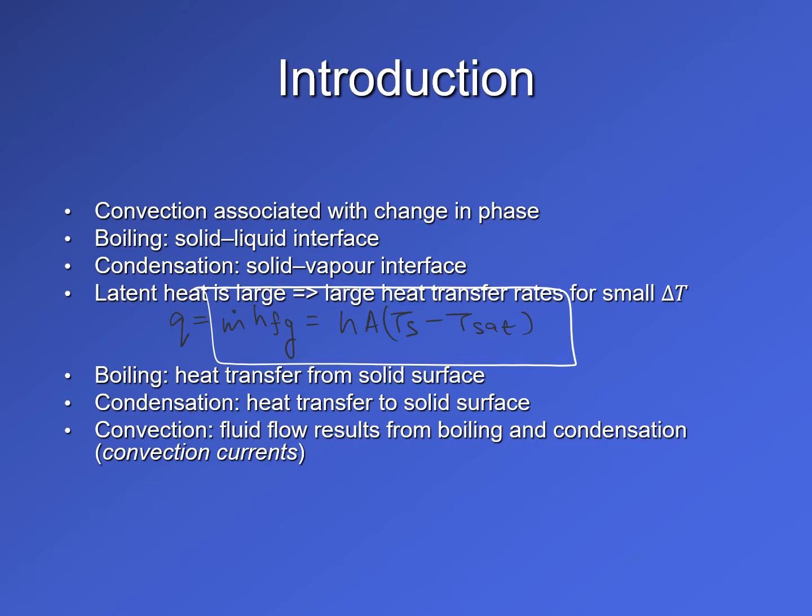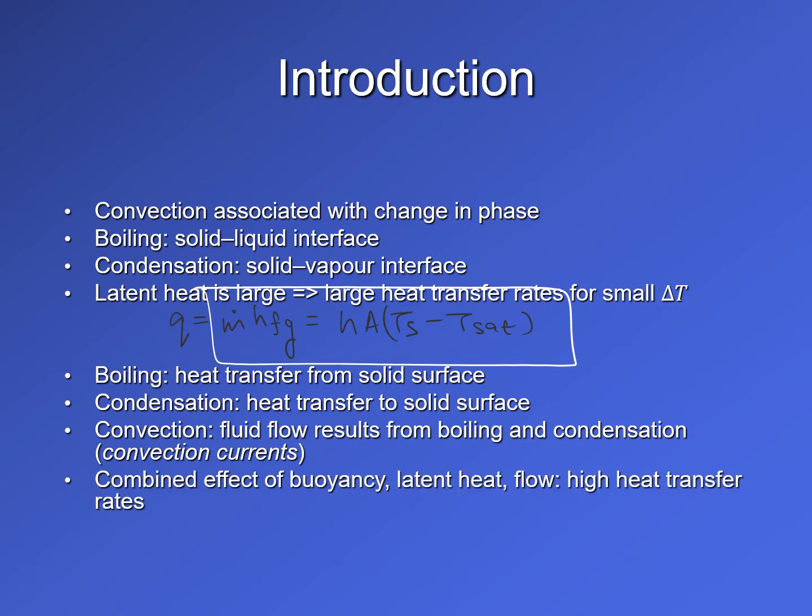As the vapor bubble rises, it creates a convection current in the whole system, or the cell where the boiling is happening, and this results in fluid flow from the bubble rising, and these convection currents then result in increased heat transfer coefficients.